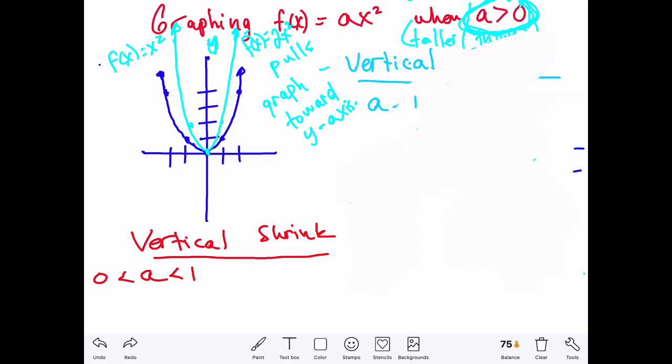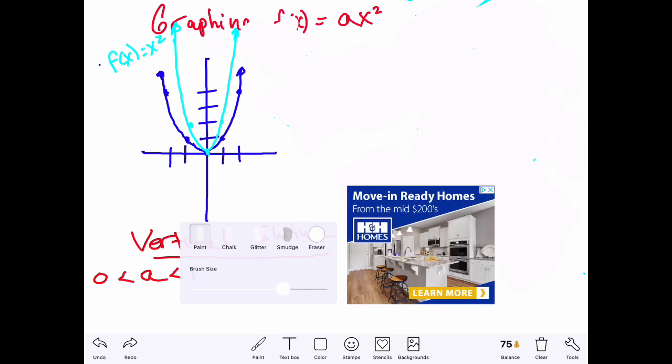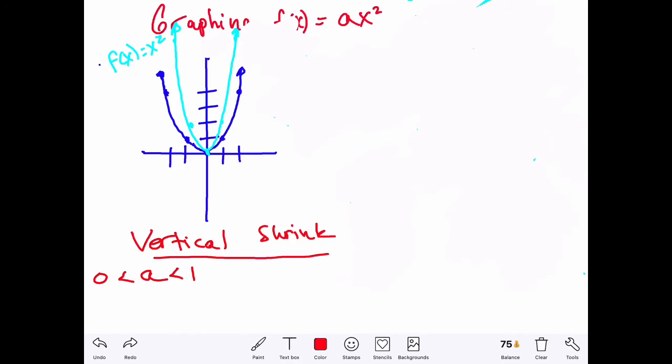Both of the ones and our parent are a greater than 0, and including our parent, that's just a equals 1.